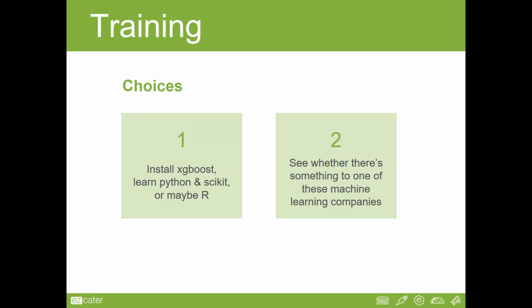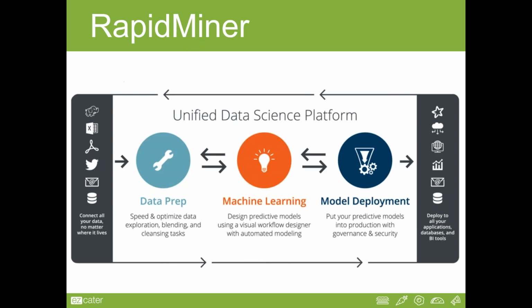You have to reformat your data, and you still don't get a ton of help on the analysis side. So the other choice was to see whether there's something from one of these machine learning companies, and that's what I did.